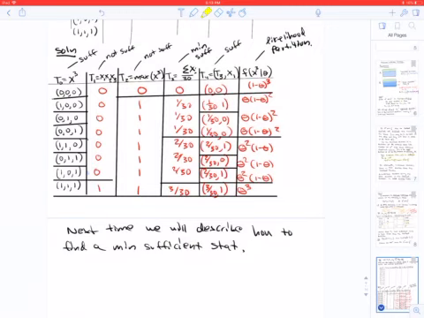So T3 is minimal sufficient, and T4 is a finer partition than the likelihood partition, so T4 is sufficient.